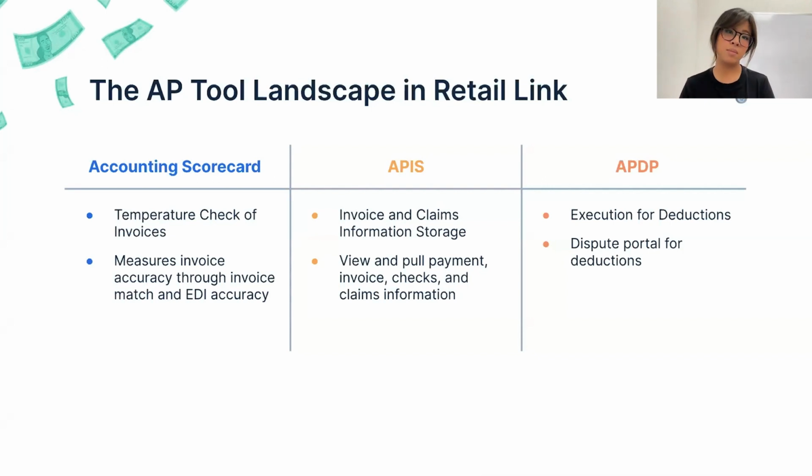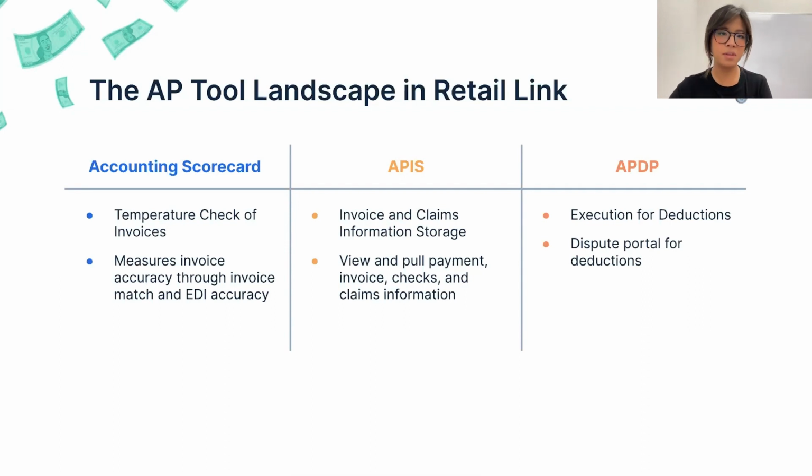APIS, that's what I mentioned earlier just now. That stands for the Accounts Payable Inquiry System. This is almost like Walmart's book of business in terms of your numbers. You can see what you've invoiced, and you can see all of the claims and the deductions that have come through. So APIS is always a good place to start. Again, we've got a lot of resources online for you.